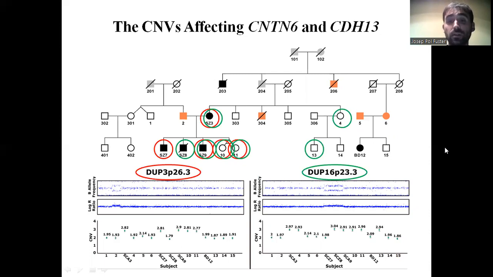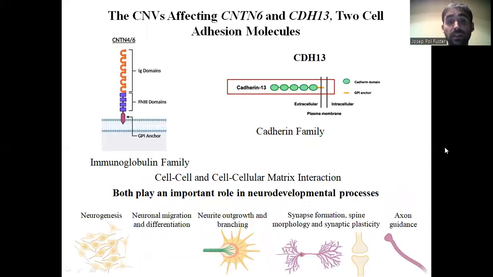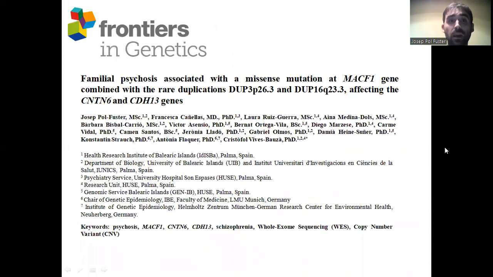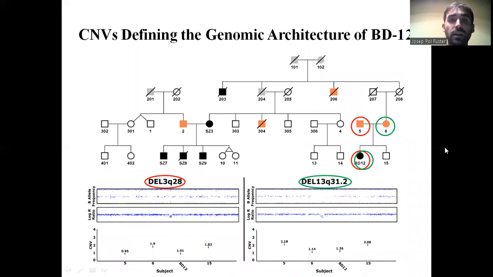But we think that these 2 duplications, which affect very interesting candidate genes that play important roles in neurodevelopmental processes, and which have been previously associated with other neuropsychiatric disorders, may, in collaboration with the MACF1 variant, be behind the psychotic phenotype of the affected subjects of this nuclear family. These results were published in Frontiers in Genetics.